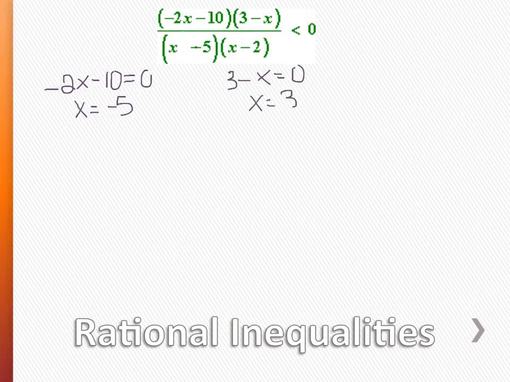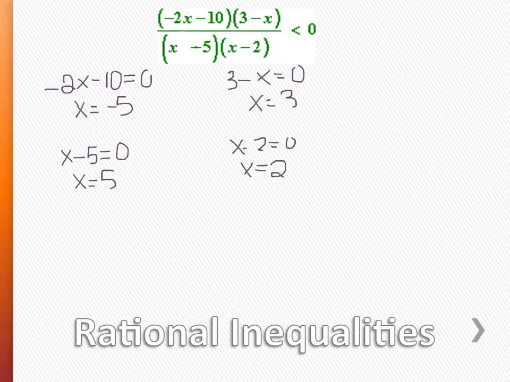Now moving on to our next one, x minus 5 equals 0. We solve for x, which would equal 5. And finally, x minus 2, setting that equal to 0, solving for x, would give us a positive 2.